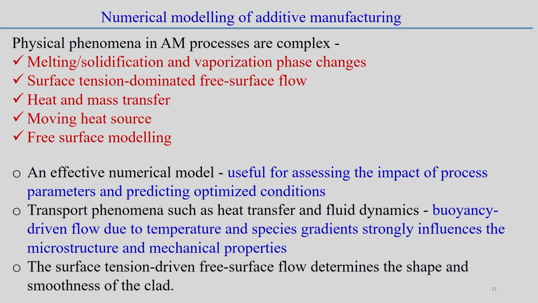For example, if we do the heat transfer analysis, we will be able to know only the temperature distribution. If we do the flow analysis, we will be able to know the flow of the molten metal after the deposition, so the output will be a flow field. If we perform free surface modeling, we will be able to know the bead profile in a particular process. If we do the stress analysis, then we will be able to know the stress field and residual stress generation in a structure.